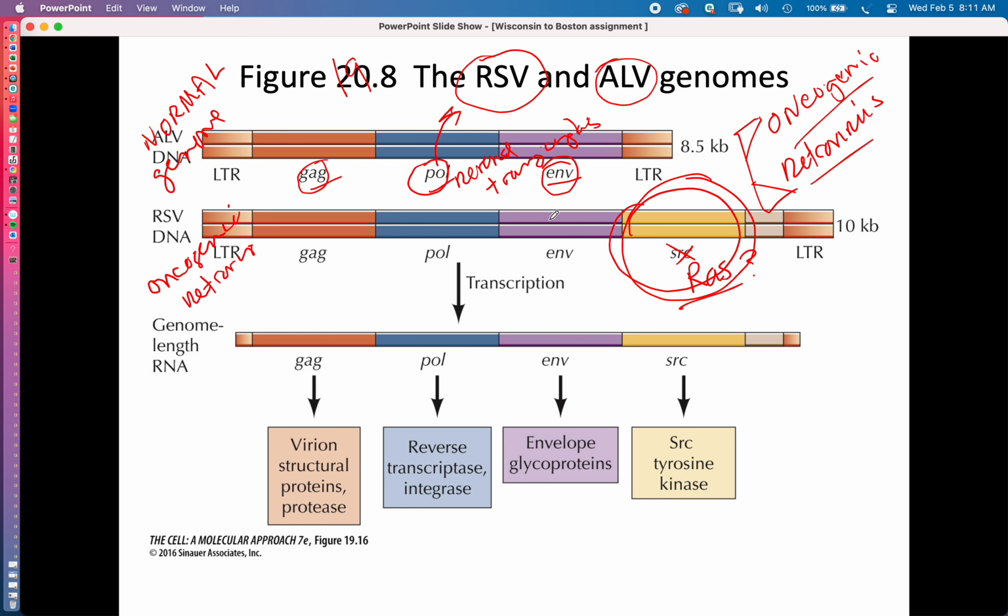And so this is our third drawing, where we want to draw the normal retrovirus genome and then the oncogenic retrovirus genome to see that it had this extra gene, and our gene is called RAS. Oh, and here are the protein products down here for the normal retroviral genome genes, and for that RAS, okay?